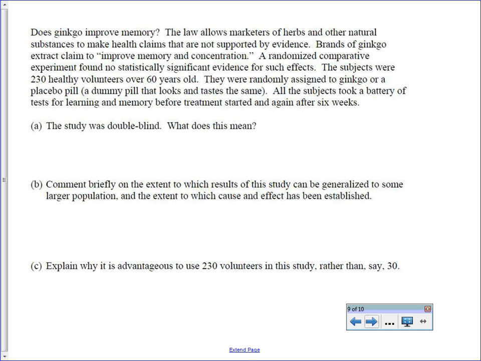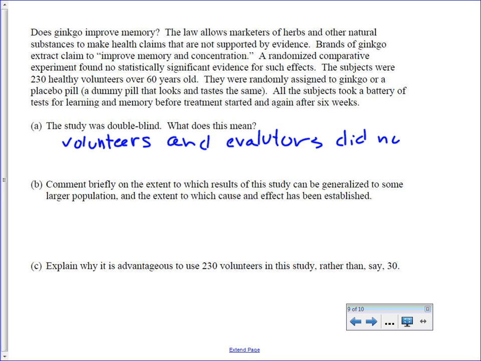So what does this mean? That means that volunteers and evaluators, the people administering the tests for learning and memory, did not know who received ginkgo or placebo.